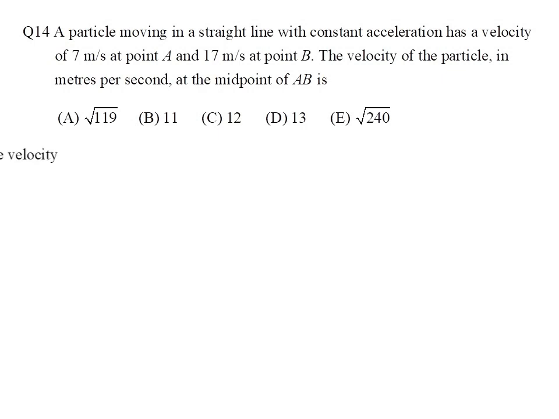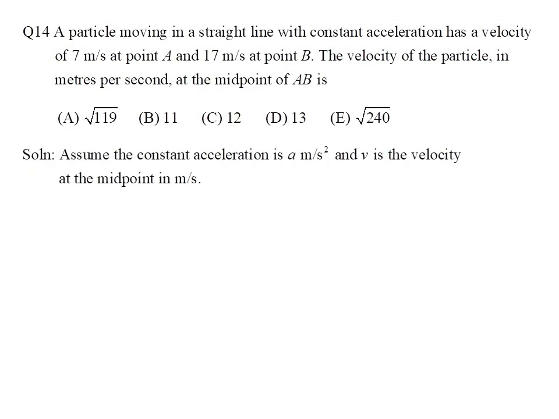We start this question by assuming the constant acceleration is a meters per second squared, and v is the velocity at the midpoint in meters per second. According to the motion formula, the square of final velocity minus the square of initial velocity equals 2 times the product of constant acceleration and its corresponding displacement.